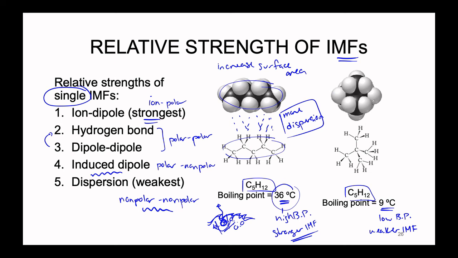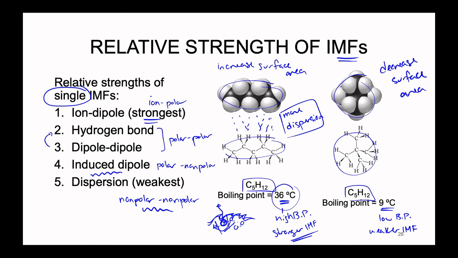In contrast, if we observe the arrangement of pentane on the right, where we have more of a spherical structure, what we have done is created a molecule where we have a decrease in the surface area.